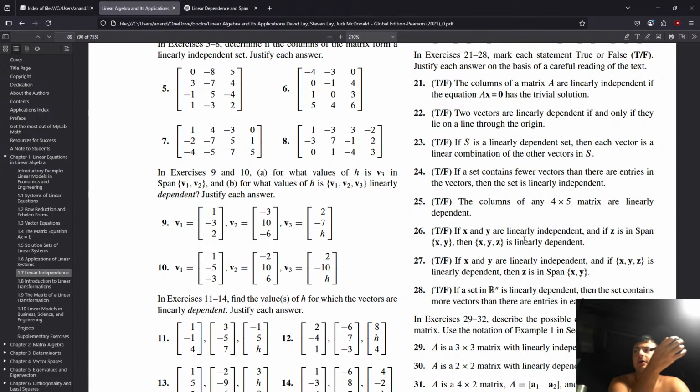By Captain Obvious, that's true. Okay, 27. Wait, did I just do 27? Oh no, I did 26. Okay, if x and y are linearly independent, and if... that is true. That must be true.